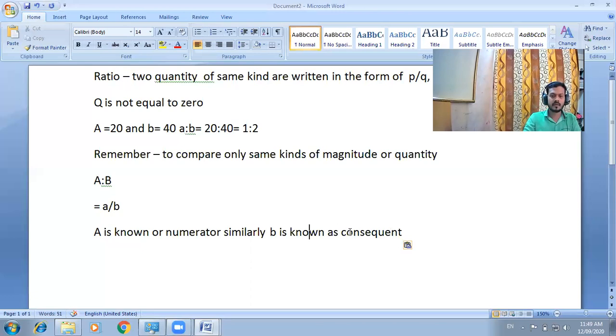The value of A is known as antecedent, A-N-T-E-C-E-D-E-N-T, antecedent or numerator. Similarly, B is known as consequent or denominator.